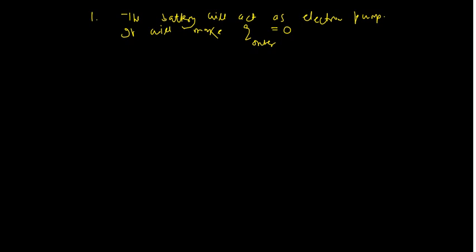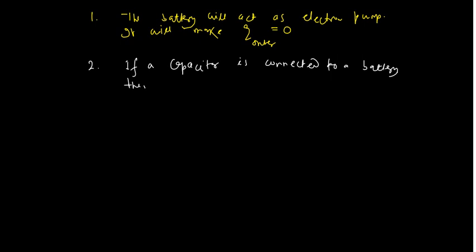What is point number 2 to remember? Point number 2 is that if a capacitor is connected to a battery, then the energy of the capacitor must be expressed as U equal to half CV square.